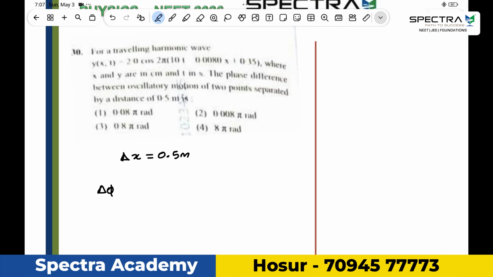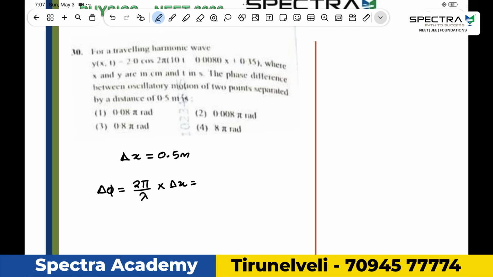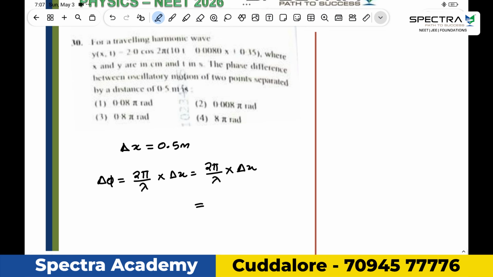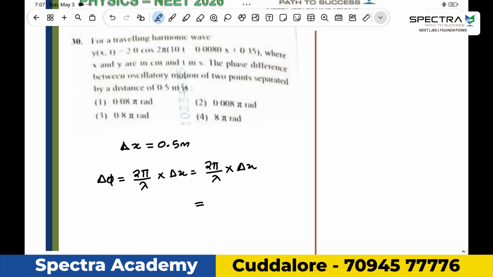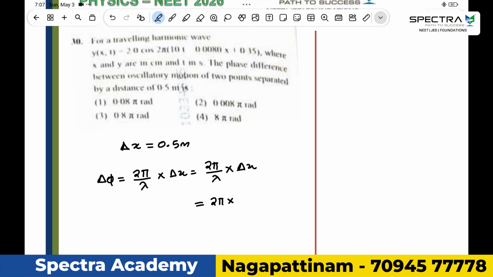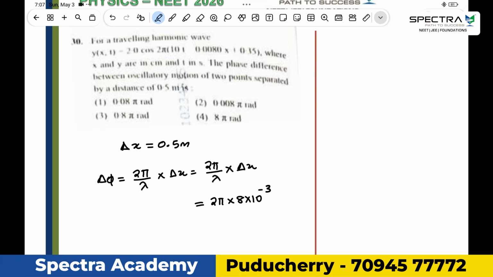You know the equation is phase difference is equal to 2 pi by lambda times the path difference, isn't it? So that is 2 pi by lambda into del x. Just have the substitution: 2 pi by lambda is equal to 2 pi into 8 into 10 power minus 3 divided by 10 power minus 2.